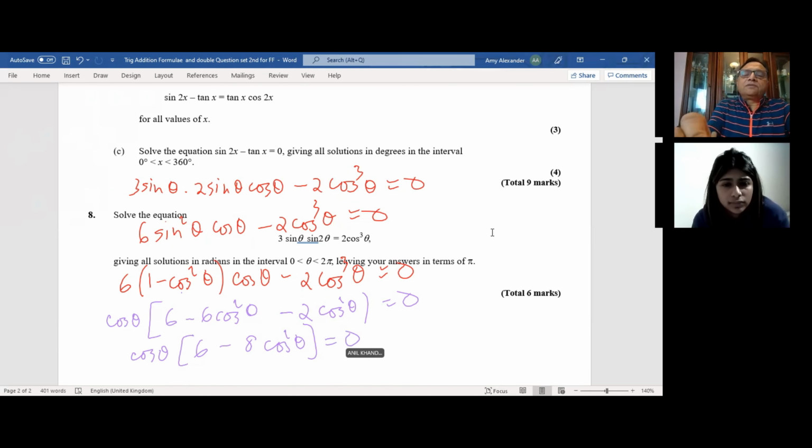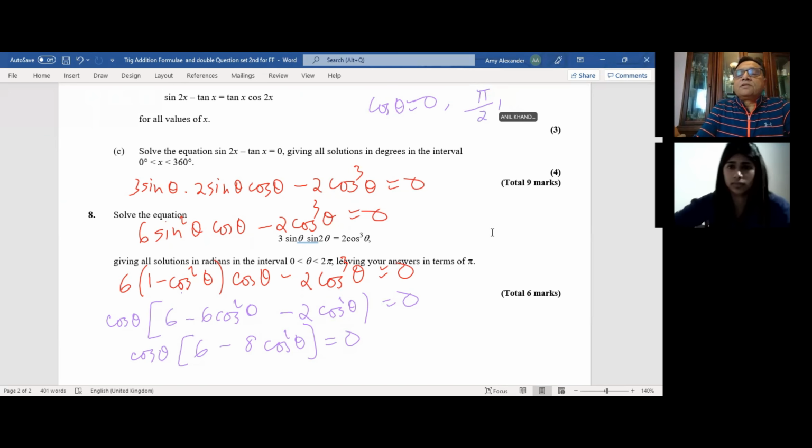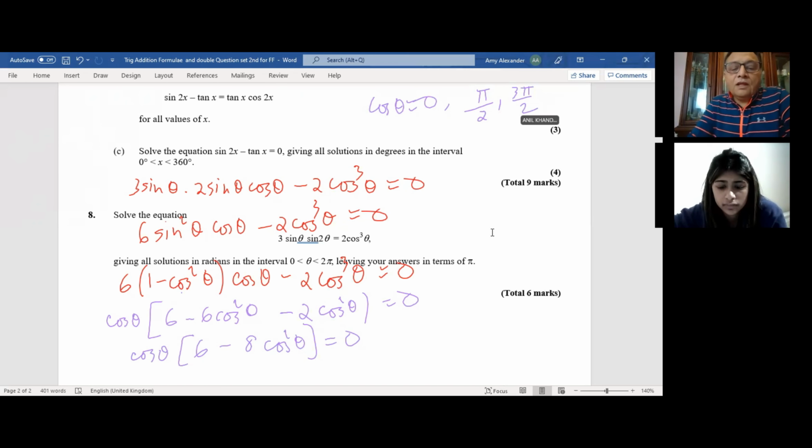And then we have the solution for cos theta equals to 0. We are looking for intervals which do not include 0 and 2 pi, correct? So that gives you the solution as pi by 2 and 3 pi by 2, correct? And the other answer is 6 equals to 8 cos square theta. So cos square theta equals to 6 over 8.